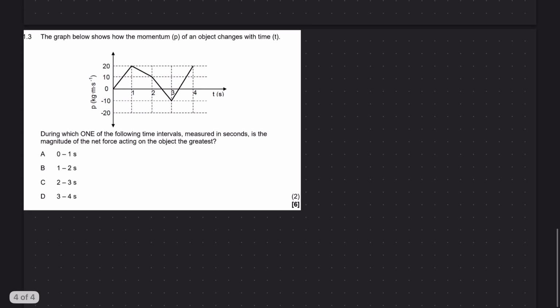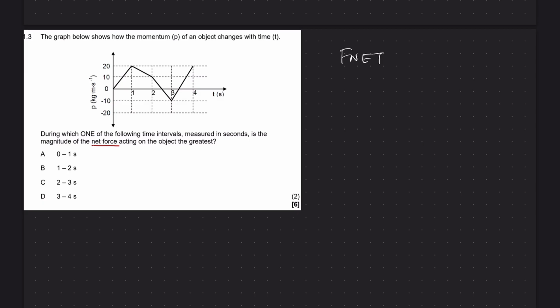Now, let's look at question 1.3. The graph below shows how the momentum p of an object changes with time. During which one of the following time intervals, measured in seconds, is the magnitude of the net force acting on the object the greatest? So let's look at the quantities that they are speaking about. They are talking about F net.